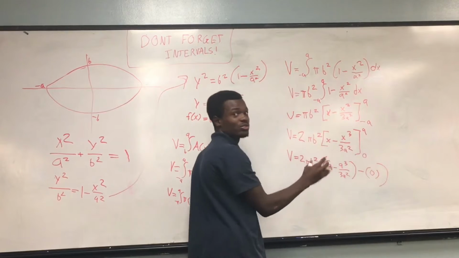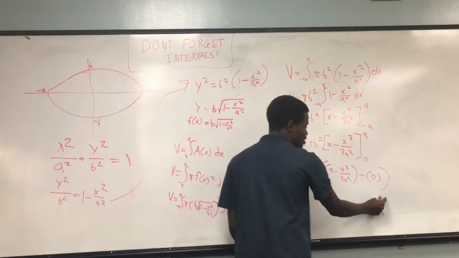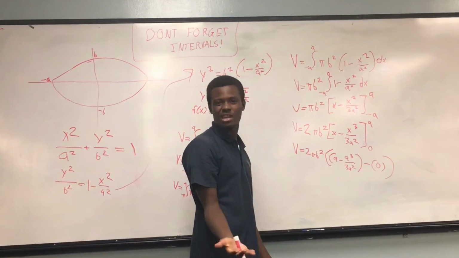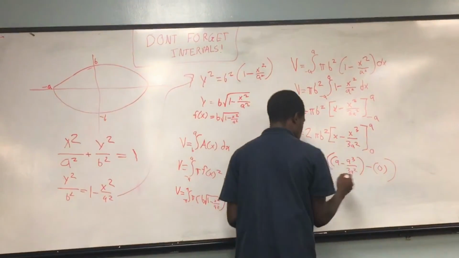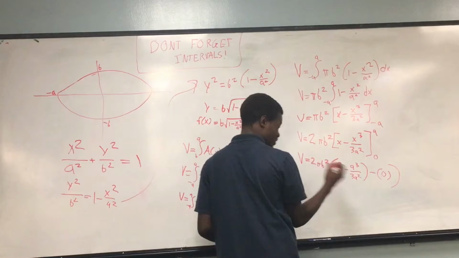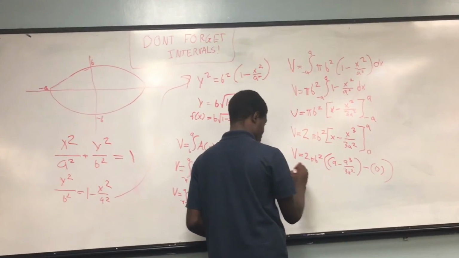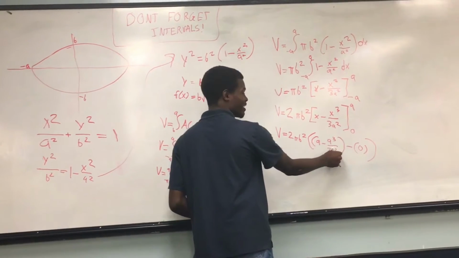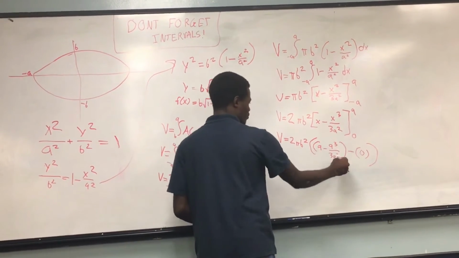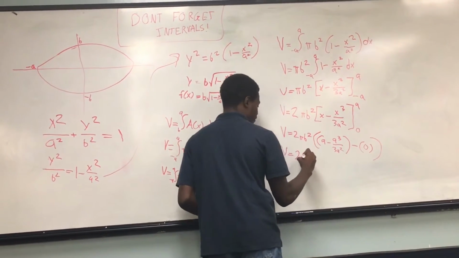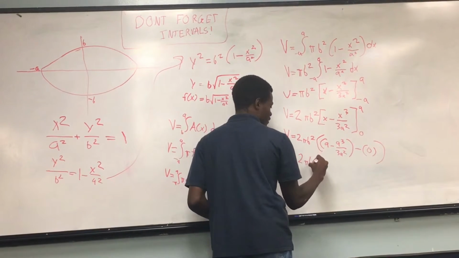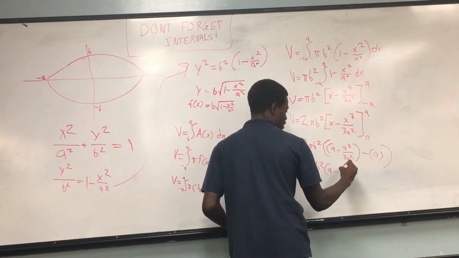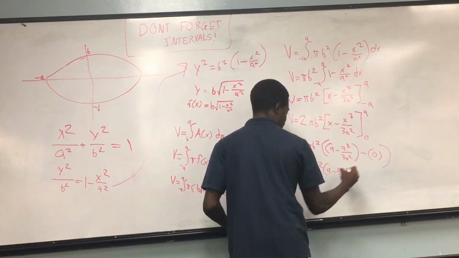And that's why I went to solve from a to 0, because it's simpler than putting negative a, and it's going to come out with the same answer at the end. So we're just making it simple for ourselves. We can also simplify right here, a cubed over a squared, that's going to give a over 3. And then V is equal to 2 pi b squared times a minus a over 3.